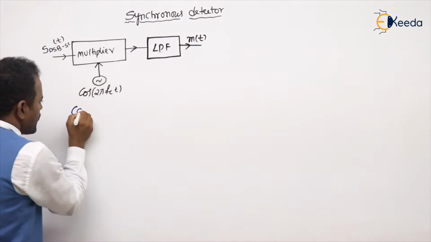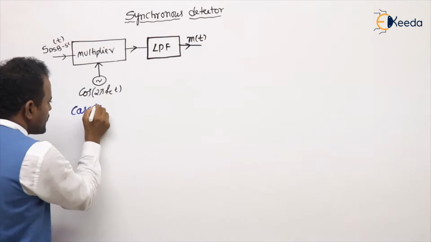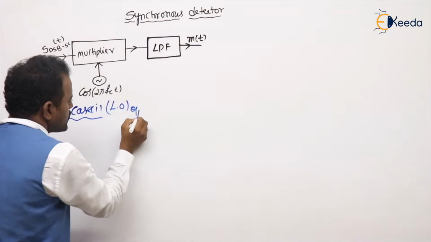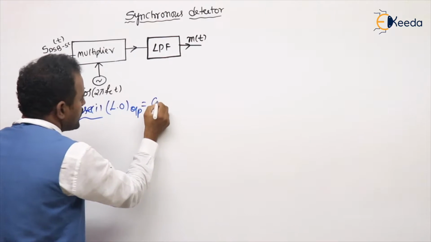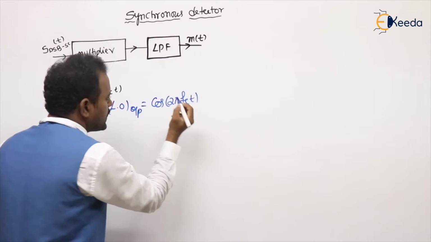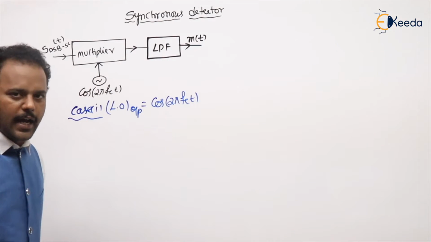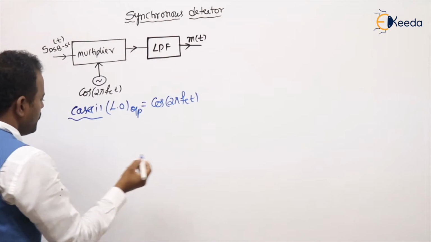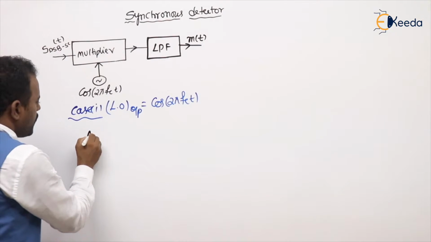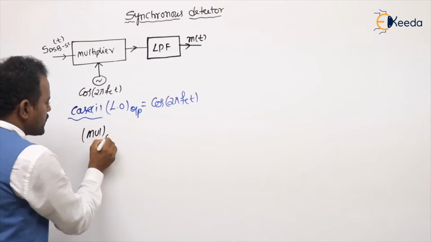So what is case 1, sir? The first case I told is the perfect synchronization case. Perfect synchronization means the local oscillator output is the same cos 2 pi fct, the same as the received DSBSC signal carrier. So, first take the multiplier output. What is the multiplier output, sir?